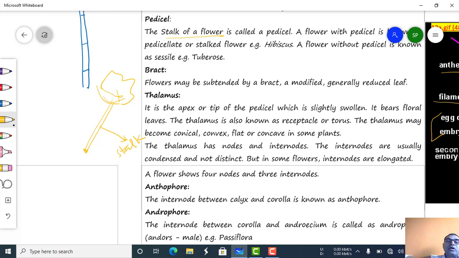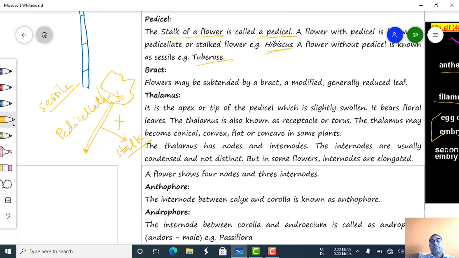This stalk is called the pedicel. A flower which has a pedicel or stalk is called a pedicellate or stalked flower, while a flower which does not show such a stalk is called a sessile flower. Sessile flowers are stalkless, or pedicel-less. Stalked flowers can be observed in hibiscus, while in tuberose the flowers are sessile.